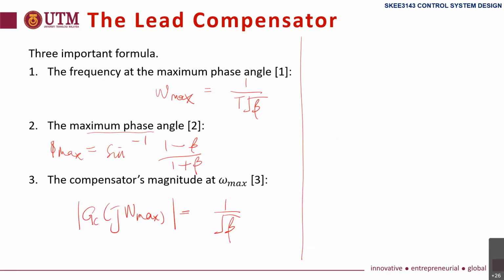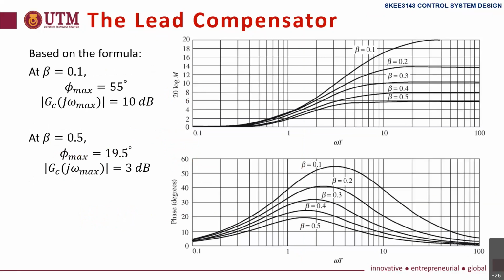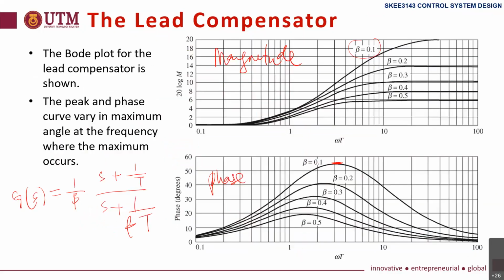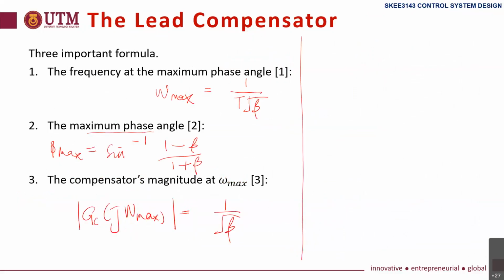Let's see how we can use these formulas. You can see that I just now showed the bode plot for the lead compensator. They are depending on beta. Let's choose one value, beta 0.1. If we take beta 0.1, we can calculate phi max.